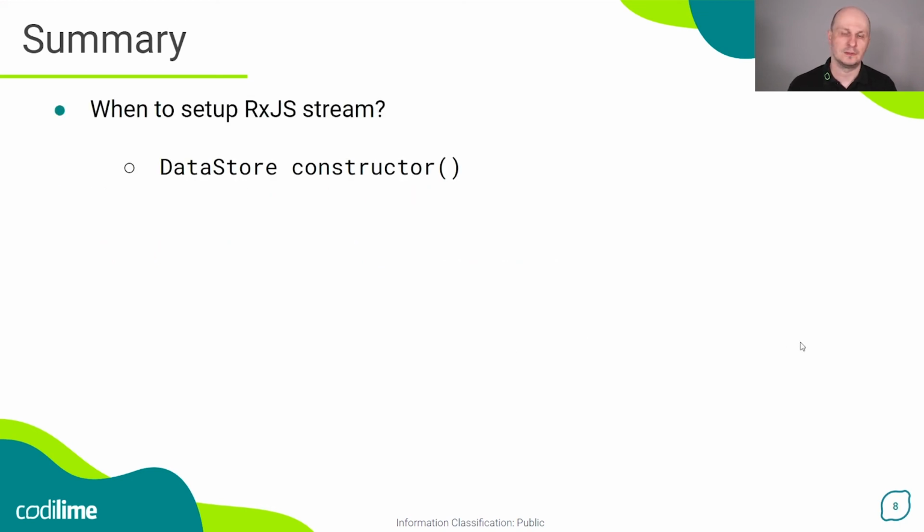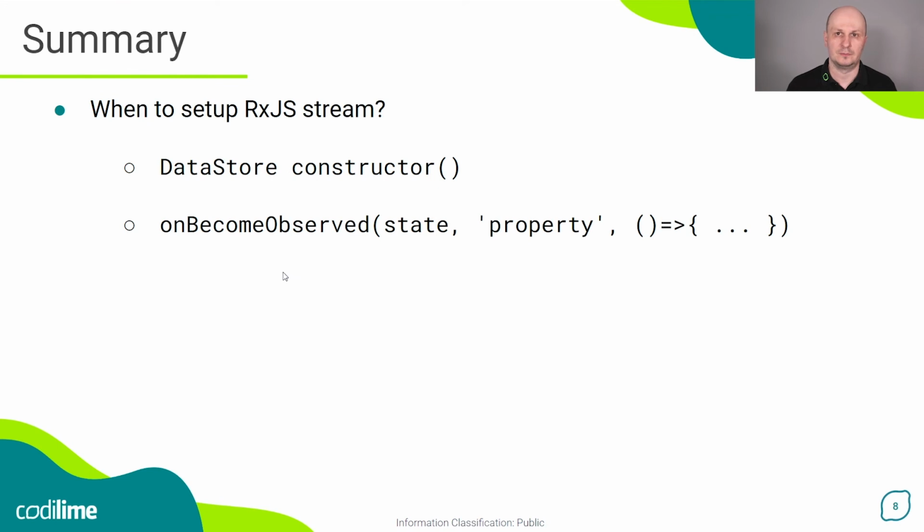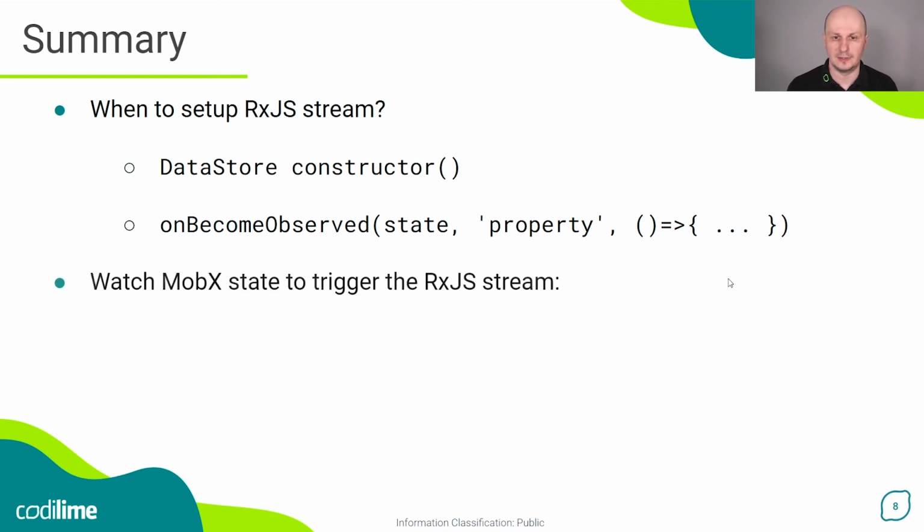So you can start fetching your data directly in the constructor of the data store, or you can postpone it using onBecomeObserved to fetch it while the user is really watching your data.